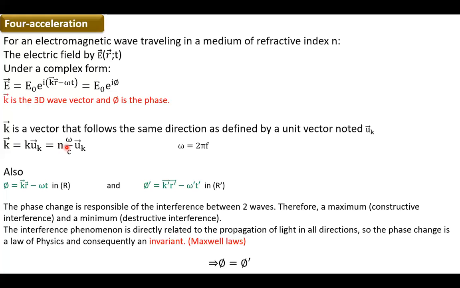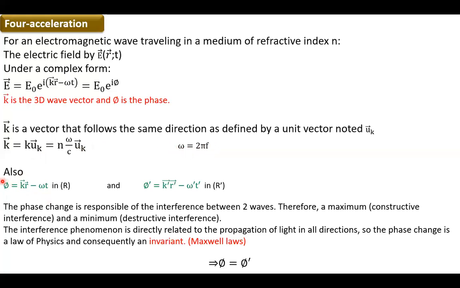And if you're traveling in a medium, the refractive index would be some number greater than 1. So n omega over c, or just n omega if you consider c equal to 1. So it's n omega over c times u_k. Omega is 2 pi f. It's the angular frequency, so it's 2 pi times the frequency f.